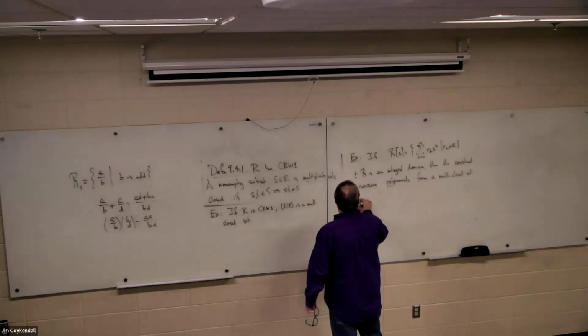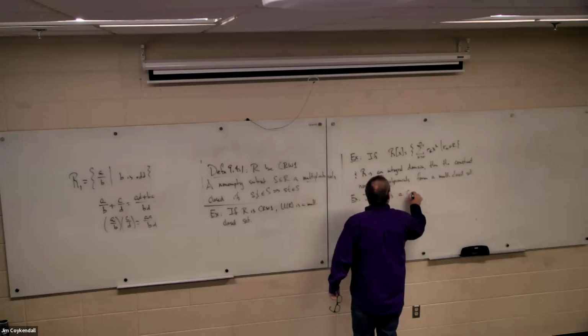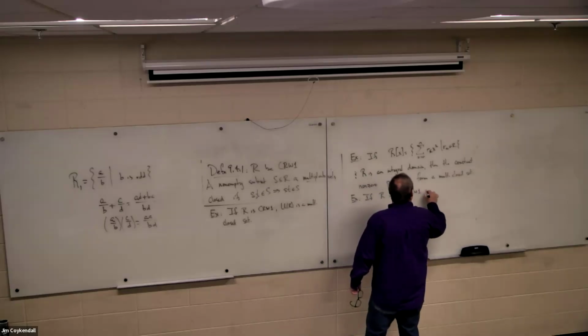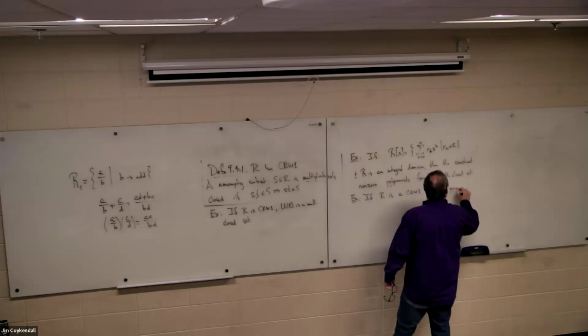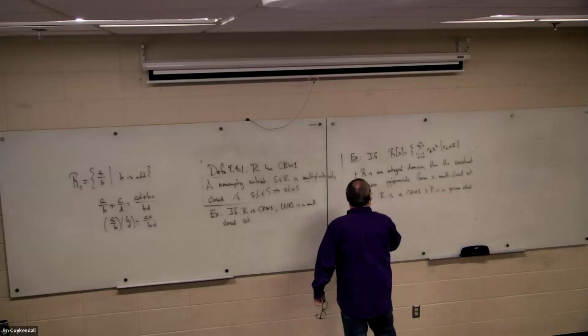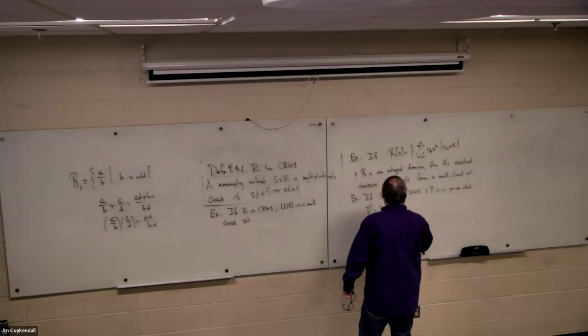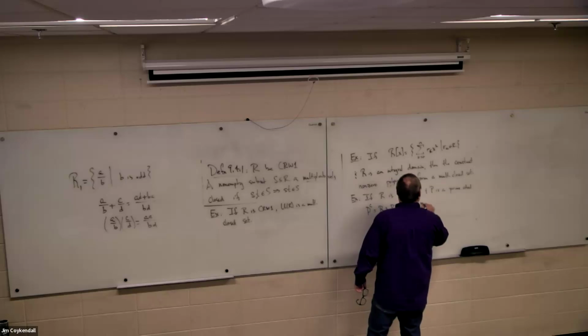Example, if R is a commutative ring with 1 and P is a prime ideal, the complement of P, that is the set of elements in R that are not in P, is a multiplicative set.